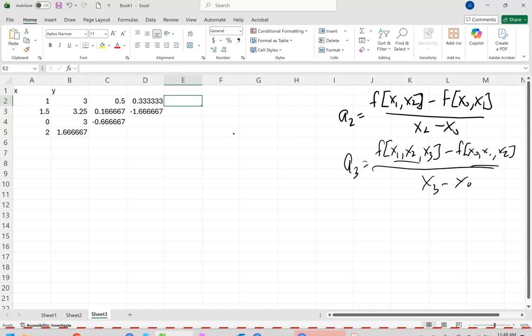So here we'll do this one minus this one, D3 minus D2, and then divide by which two x values? Yeah, A5 and A2. Good. The outermost ones. And that's when you know you're done, right? Because I'm getting to those last x values that I have.